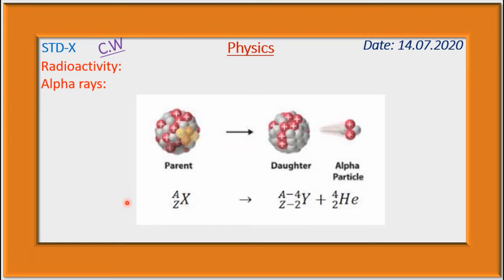Therefore the proton number will be Z minus 2 and the mass number will be A minus 4, because the mass number of an alpha particle is 4, with 4 nucleons, 2 protons plus 2 neutrons, and its proton number is 2. Therefore for the daughter nucleus, the proton number will be Z minus 2 and the mass number will be A minus 4.